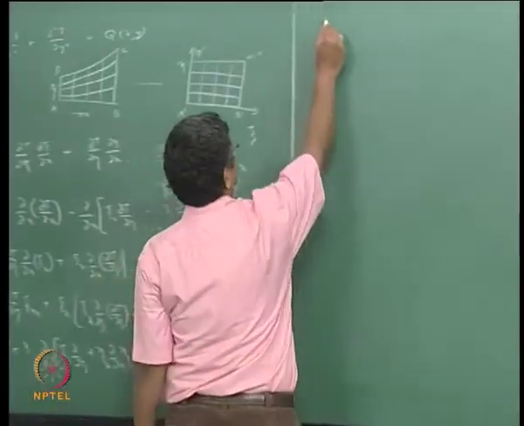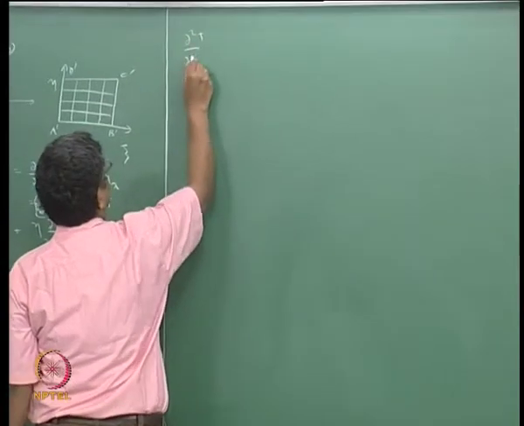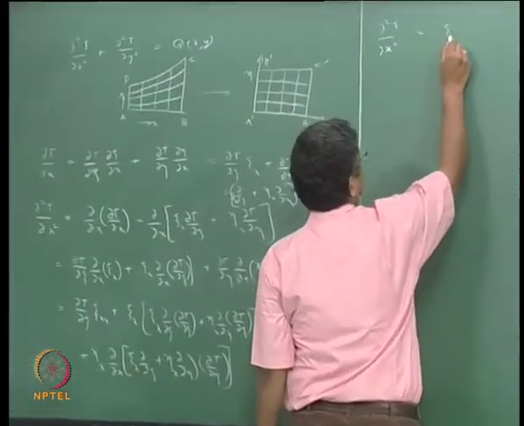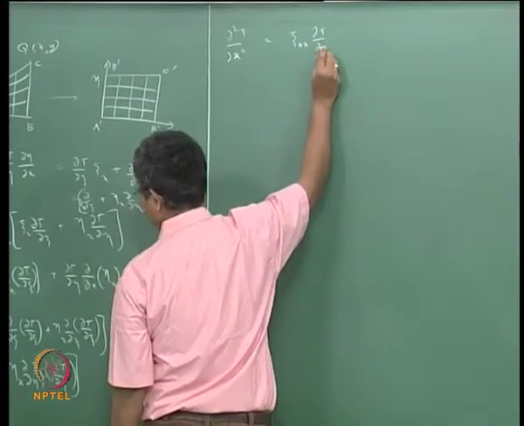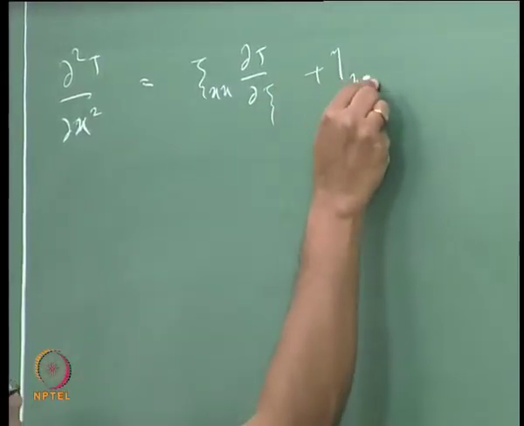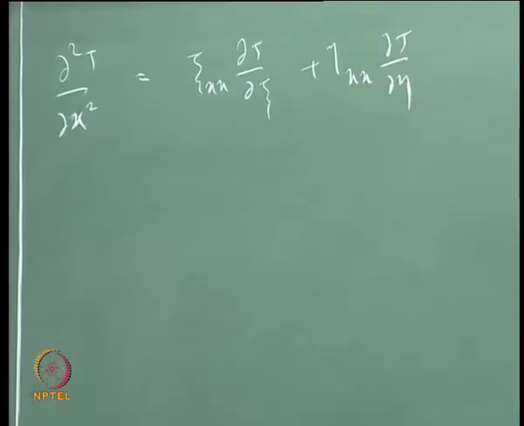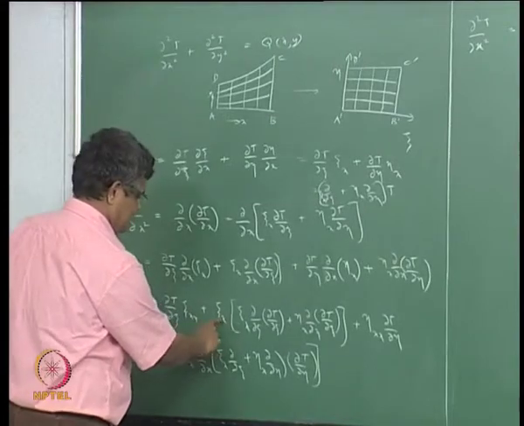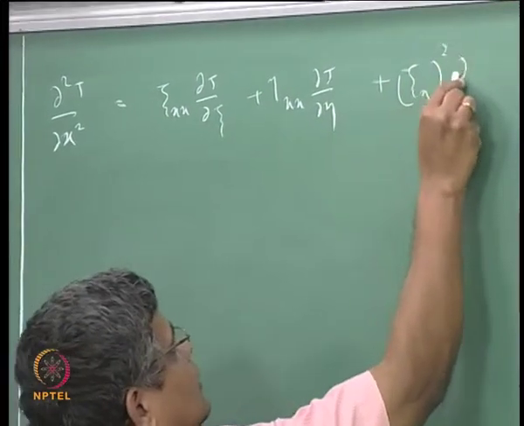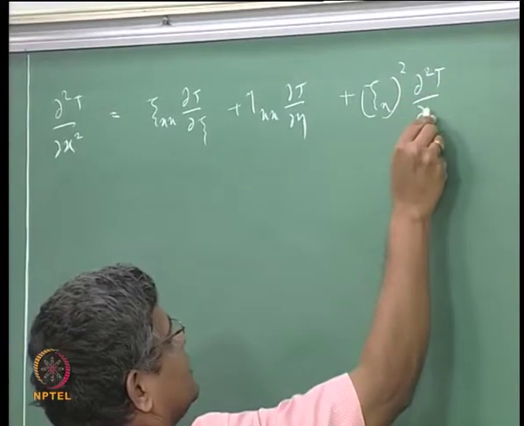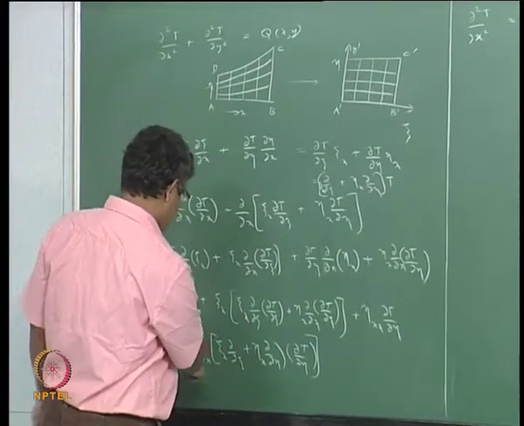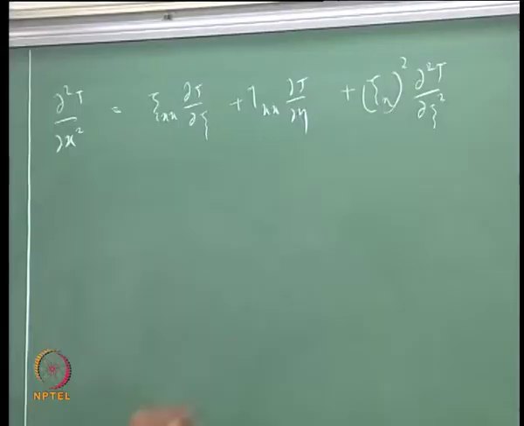So we can write dou square T by dou x square as psi xx dou T by dou psi plus eta xx dou T by dou eta plus psi x whole square dou square T by dou psi square, and similarly we have eta x whole square dou square T by dou eta square.